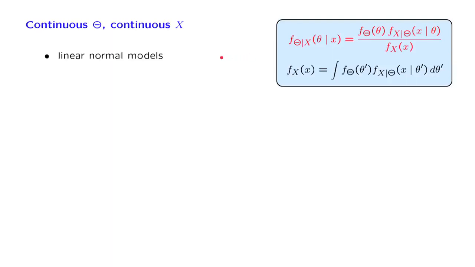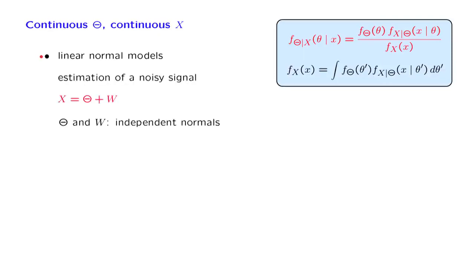One particular class of models that is very useful and very commonly used are so-called linear normal models. In these models, we basically combine various random variables in a linear function, and all the random variables of interest turn out to be normal. For instance, we might have a signal, call it theta, which is now a continuous valued signal.